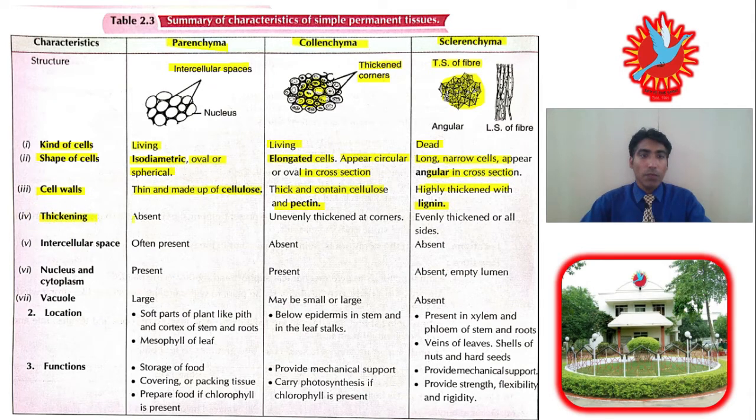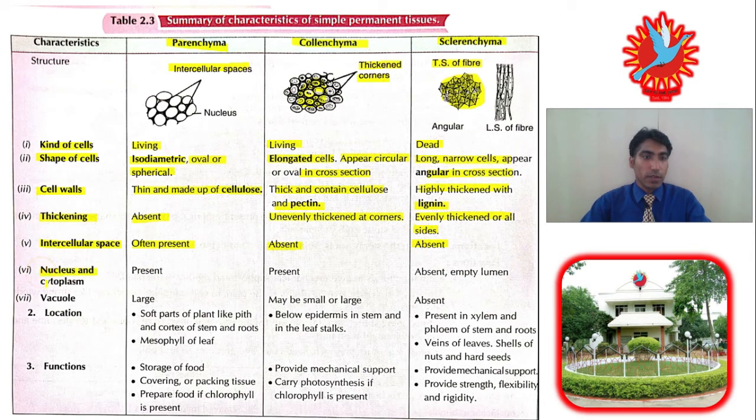Thickening: very thin, evenly thickened at corners, evenly thickened on all sides. Intercellular spaces: in parenchymatous tissues they are often present. In collenchyma as well as sclerenchyma, no intercellular spaces are present.